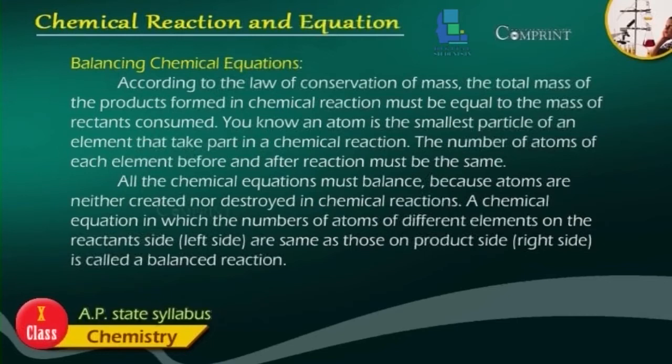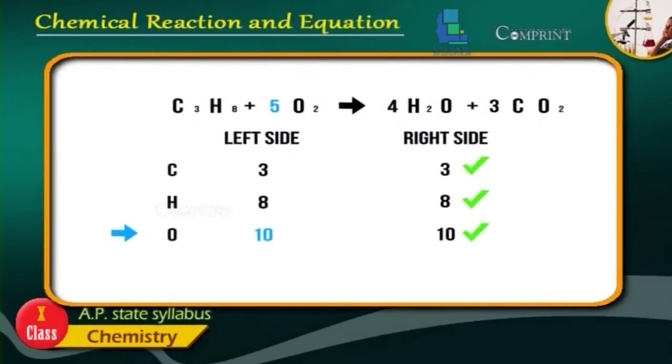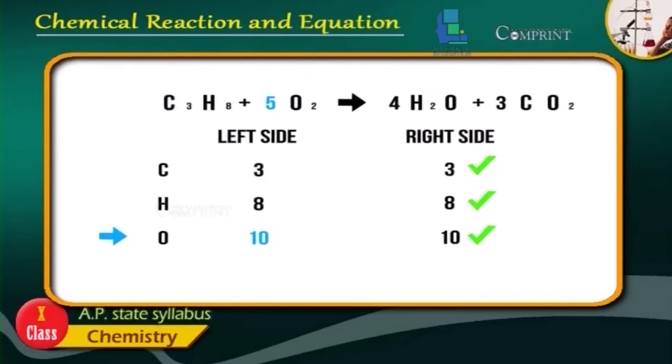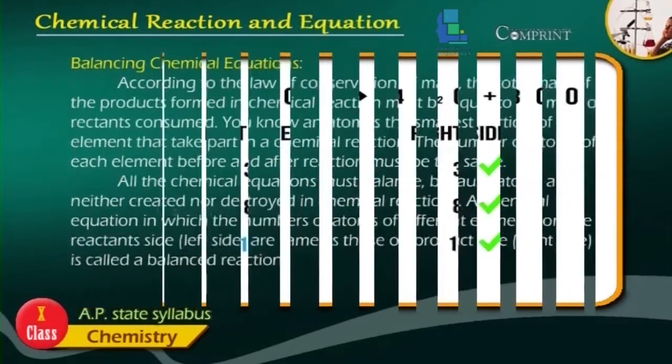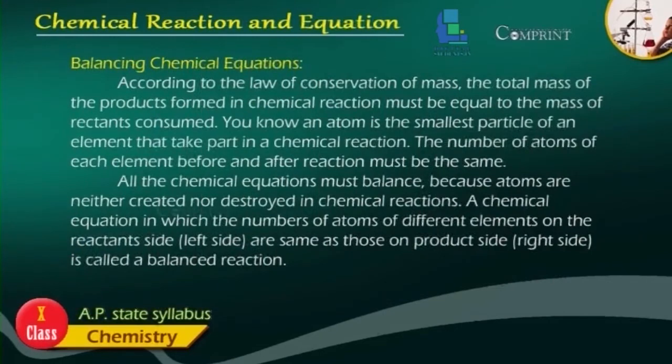All the chemical equations must balance because atoms are neither created nor destroyed in chemical reactions. A chemical equation in which the numbers of atoms of different elements on the reactant side are the same as those on the product side is called a balanced reaction.